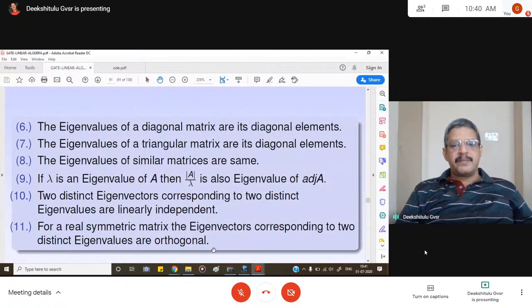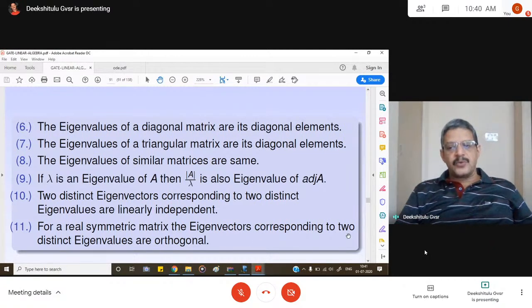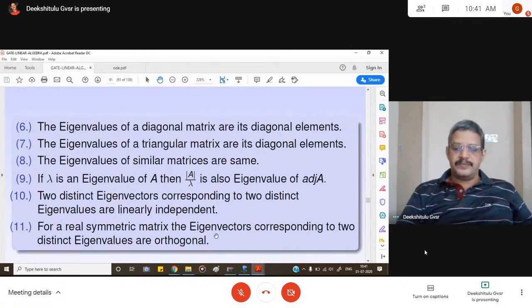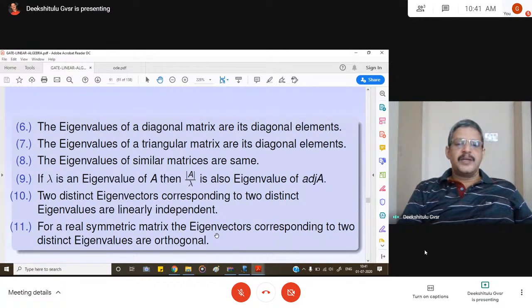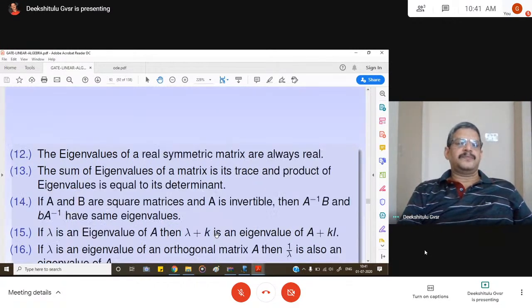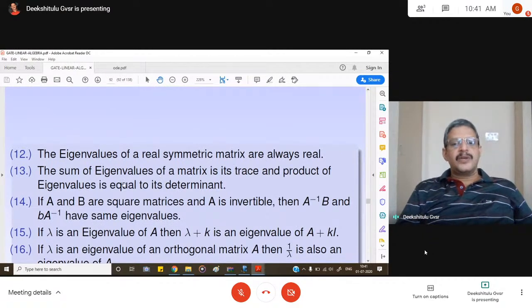Then for a real symmetric matrix, the eigenvectors corresponding to two distinct eigenvalues are orthogonal. Orthogonal means their dot product becomes 0. The eigenvalues of a real symmetric matrix are always real.